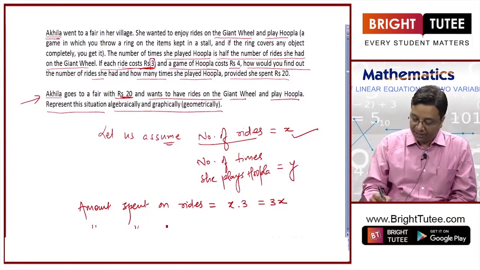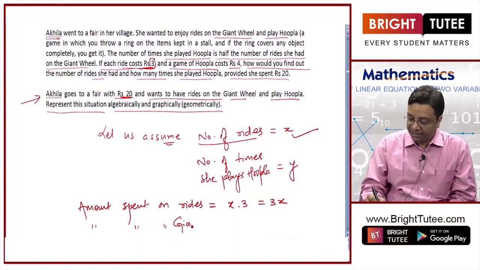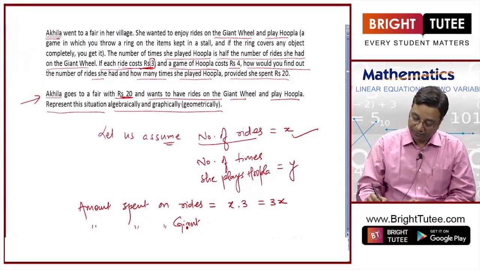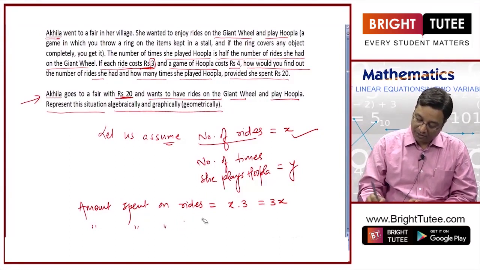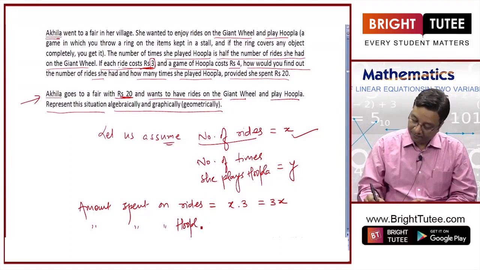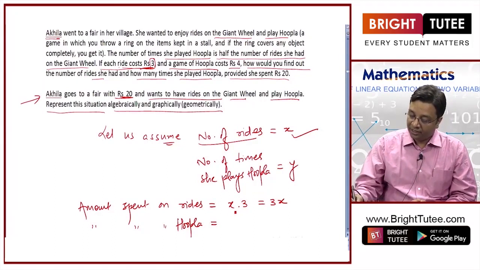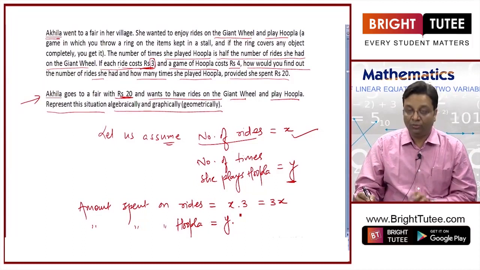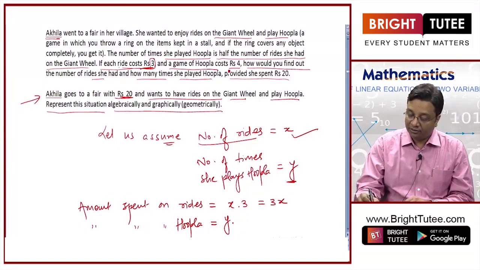And the amount spent on hoopla is equal to the number of times she plays hoopla, y, into the cost of one game of hoopla, which is 4.